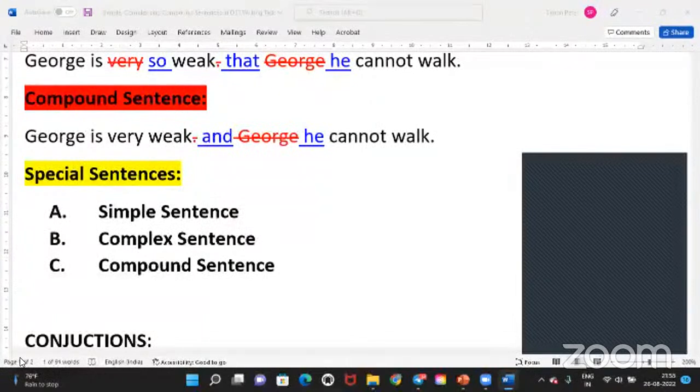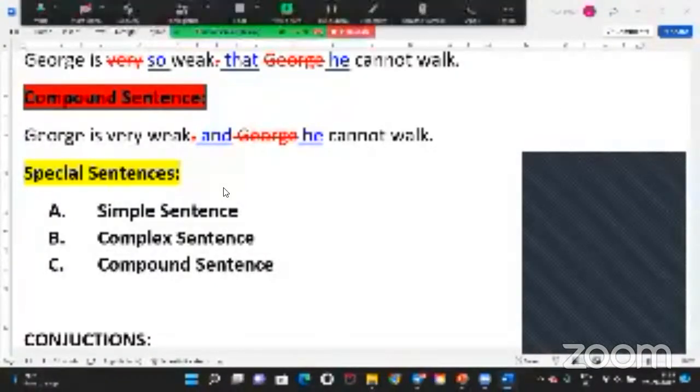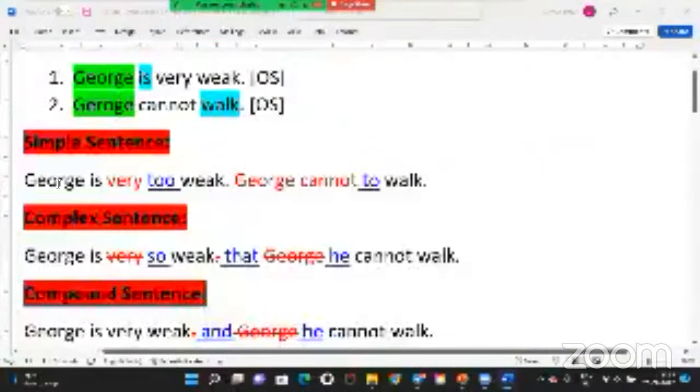Yeah. So now I'm going to give you one sentence. So you understood what it is. A simple sentence means only one subject will be there. So this is one subject and this is one verb. A complex sentence is one subject, one verb, and a second subject, second verb.